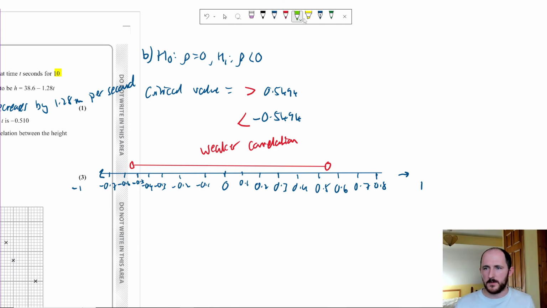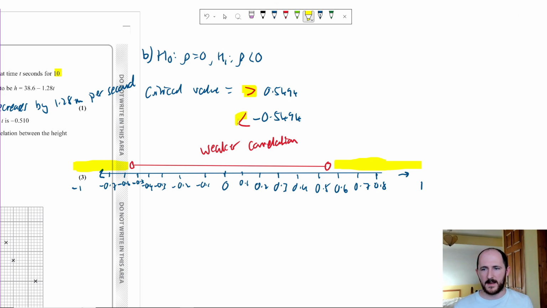All of these values here, all the way up to 1, would indicate a stronger positive correlation, which is why we accept values bigger than the positive number. But because we have negative correlation as well, it's not only values bigger than that we accept. Over here, we still have really strong correlation. It's just negative correlation.